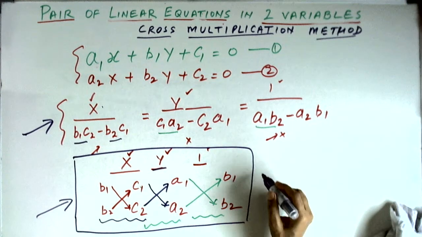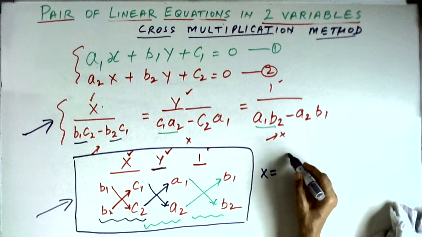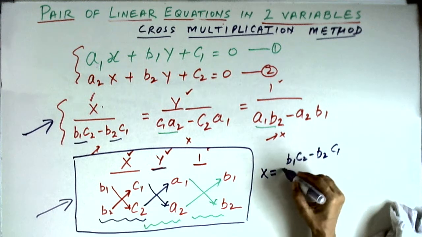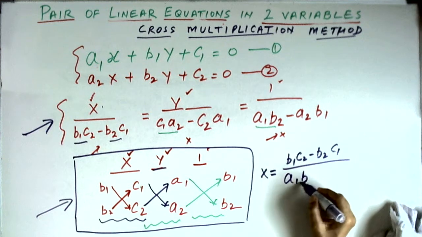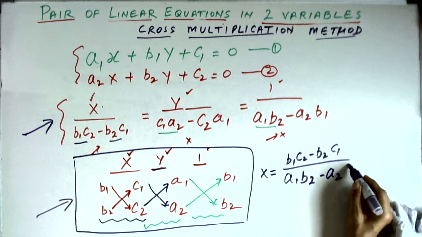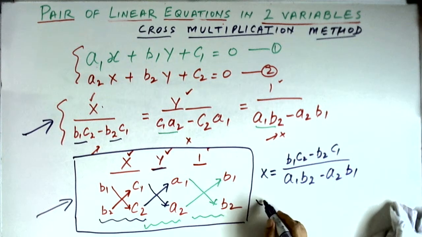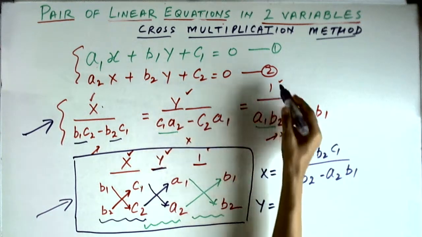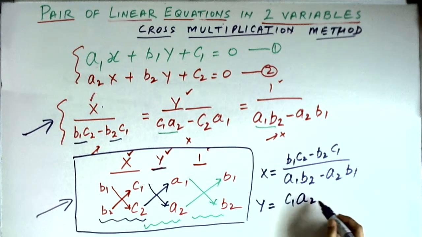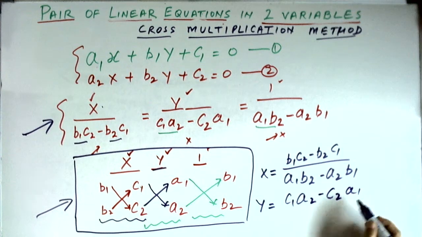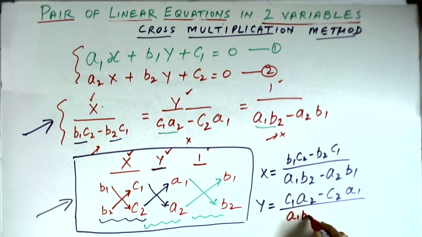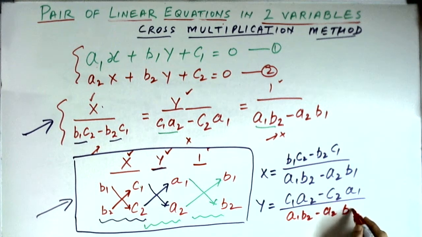Then we will know that the value of x is equal to b1 c2 minus b2 c1 over a1 b2 minus a2 b1, and the value of y will be equal to c1 a2 minus c2 a1 over a1 b2 minus a2 b1.